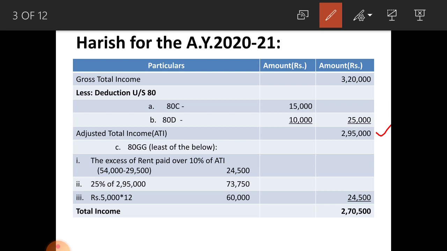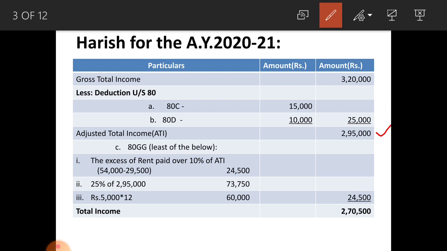Here total rent paid is 4,500 per month, for 12 months it amounts to rupees 54,000. From that you have to deduct 10% of adjusted total income, that is 29,500 rupees. When you deduct this amount from 54,000, you get excess rent paid rupees 24,500.